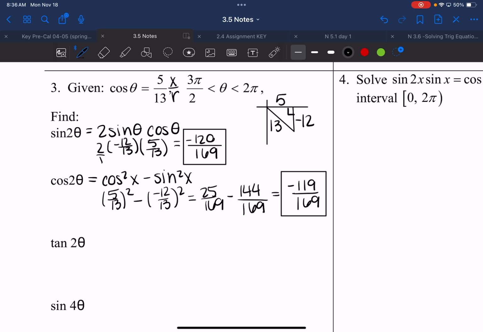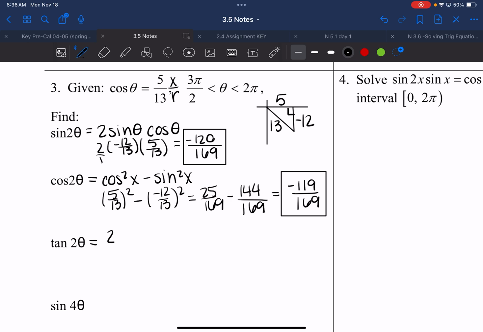All right. Then they ask for tangent of 2 theta. Well, according to our formula from up above, we're allowed to rewrite tangent of 2 theta as 2 times tangent of x. What would tangent of x or tangent of theta be for us? Good.